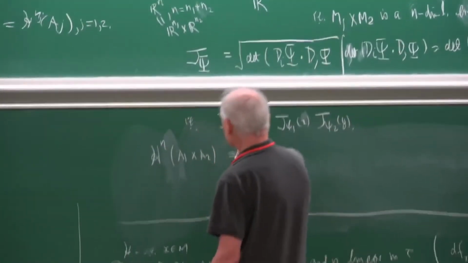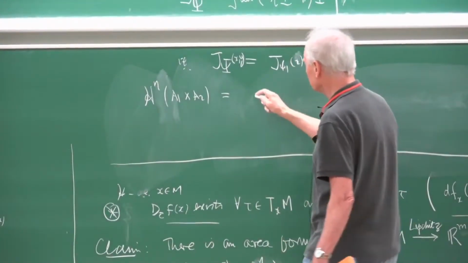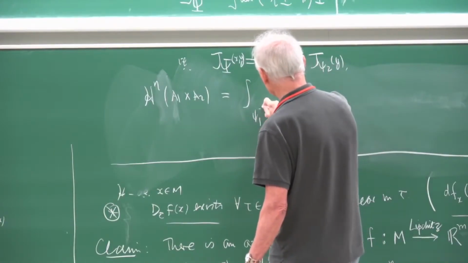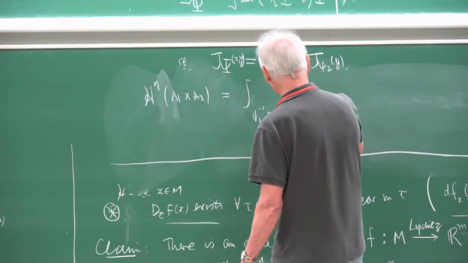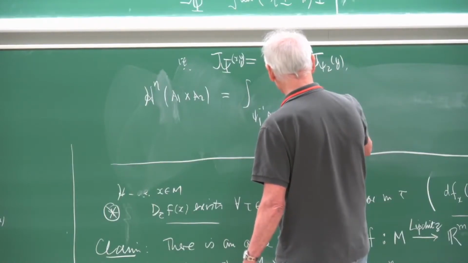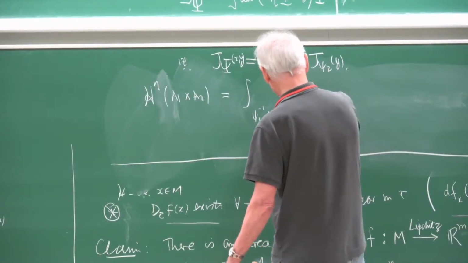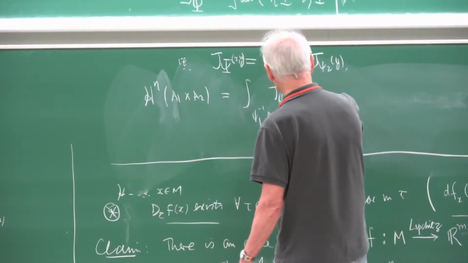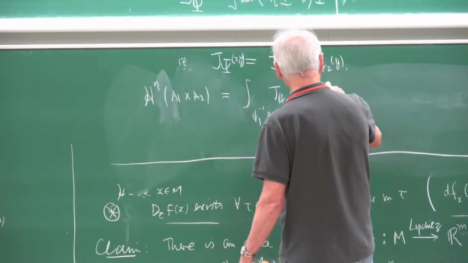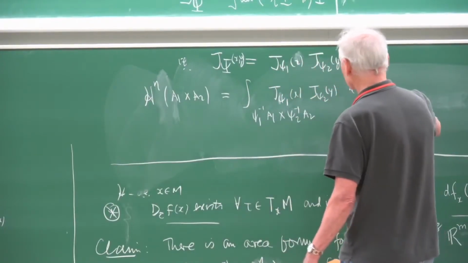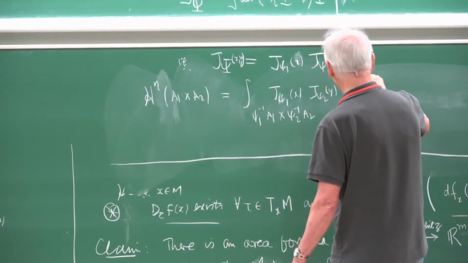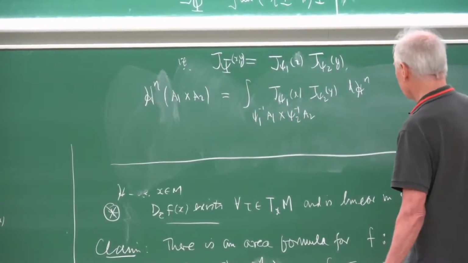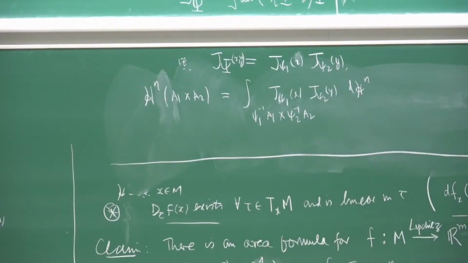Well, you see, by this, it's just the integral over C1 to the minus 1 of A1 cross C2 to the minus 1 of A2, of this product, J_C1 of x, J_C2 of y, and then dH^n, where n, remember, is n1 plus n2. So that's what the formula tells us in this case.